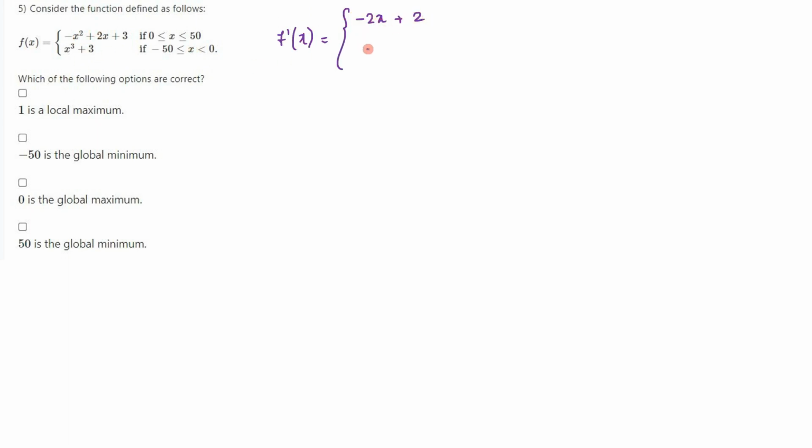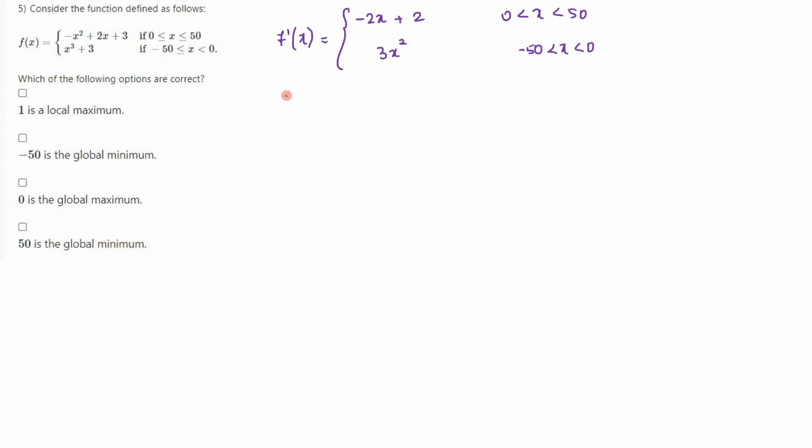Here this is for 0 less than x and less than 50. What about this one? Differentiation of x cube plus 3, that is nothing but 3x square. This is for minus 50 less than x and less than 0. Fine.